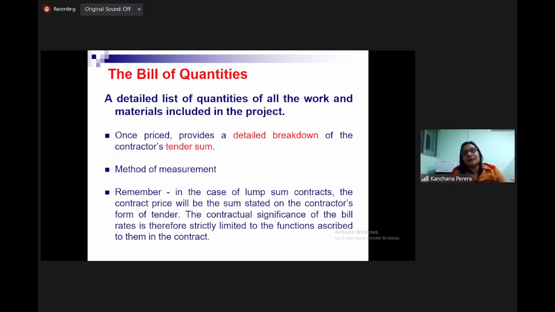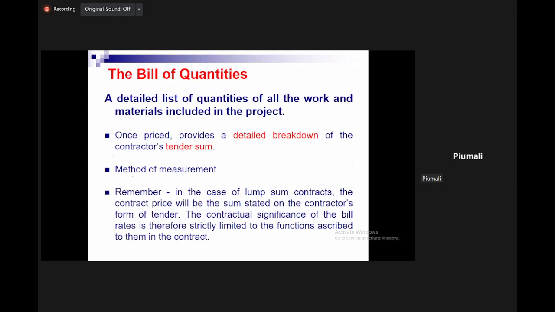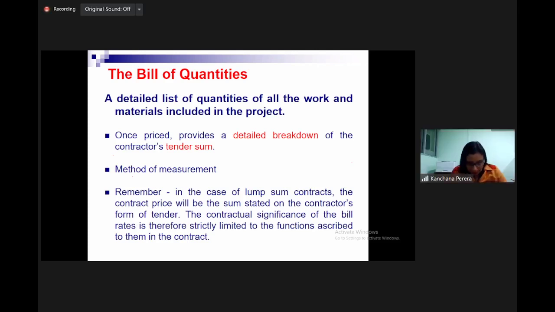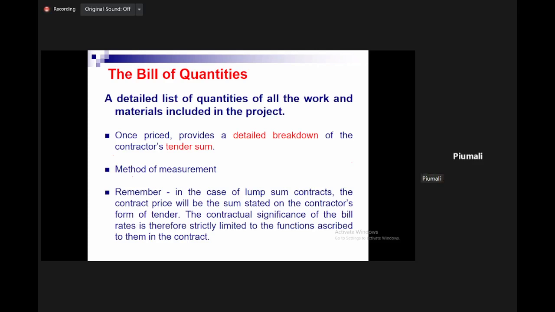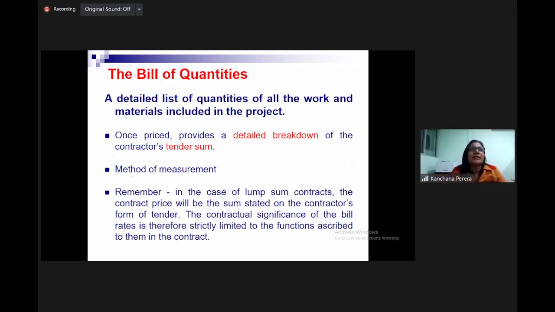If the bidder has not raised this during the bidding period, they have to install 12 ACs with the amount they have mentioned in the BOQ. When implementing, they cannot claim for more because it is already shown. But Piyumali, there is a mistake in the quantity, no?